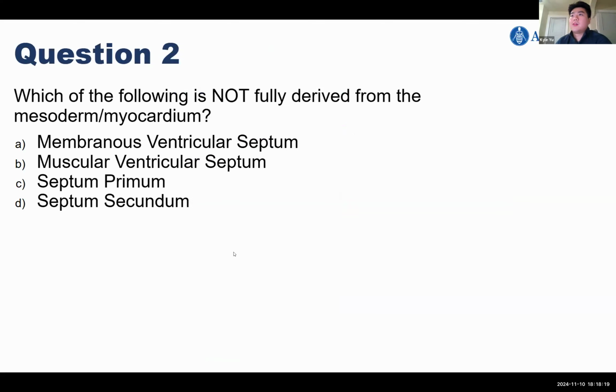All right. So the second question I have is, which of the following is not fully derived from the mesoderm/myocardium?